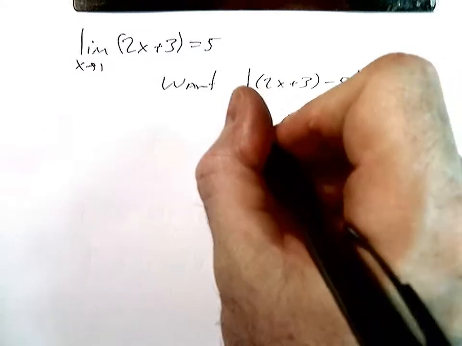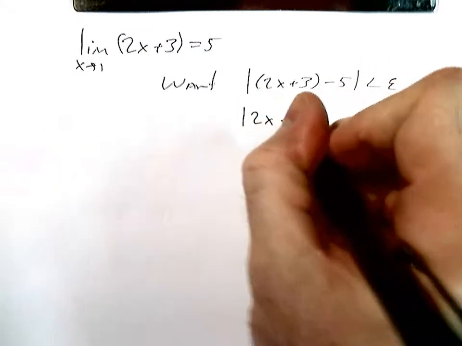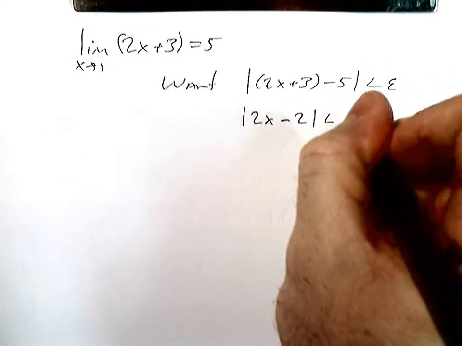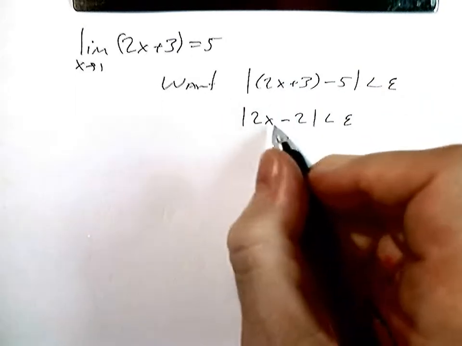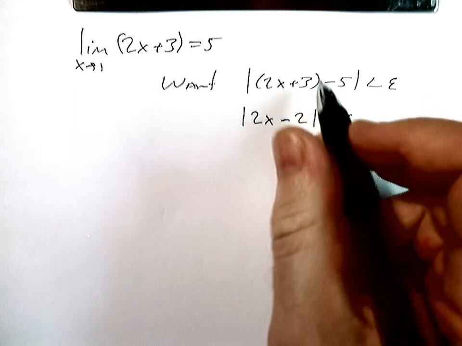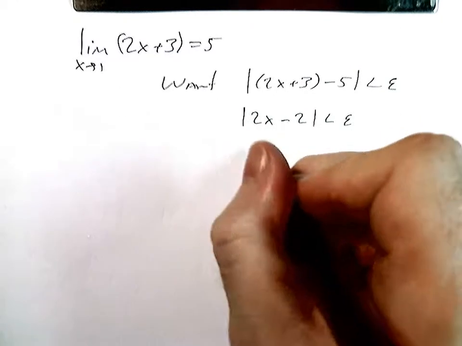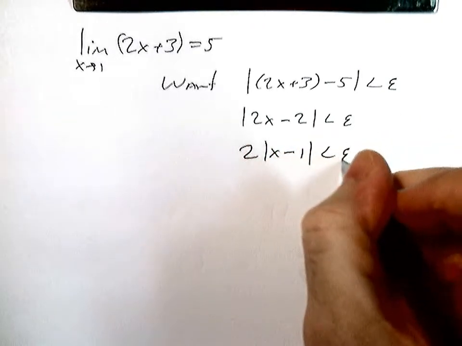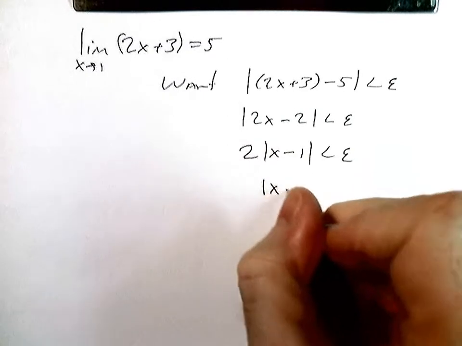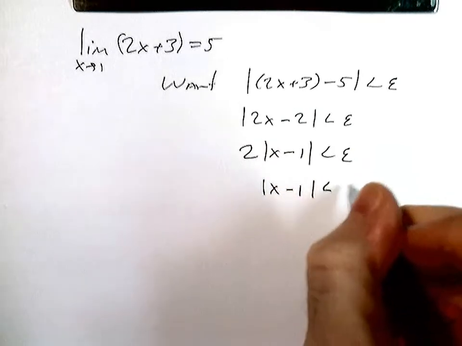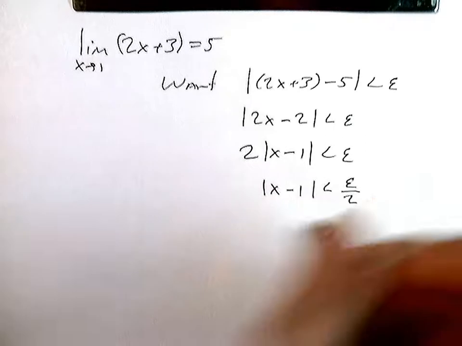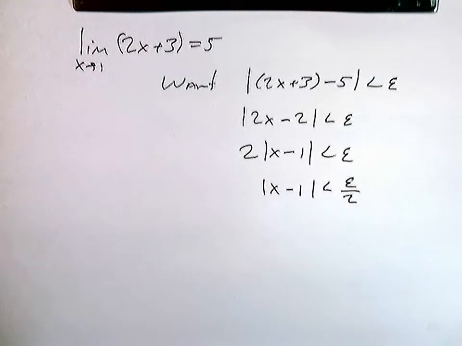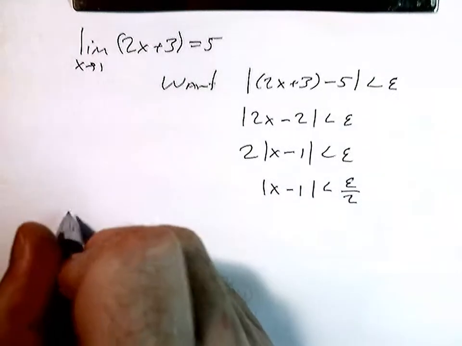So what I can do here is do some algebra. So I have 2x minus 2 absolute value less than epsilon. 3 minus 5 gives me negative 2. I can take that 2 out of here. Then I could write x minus 1 in absolute value less than epsilon over 2. And each of these steps is reversible, right?